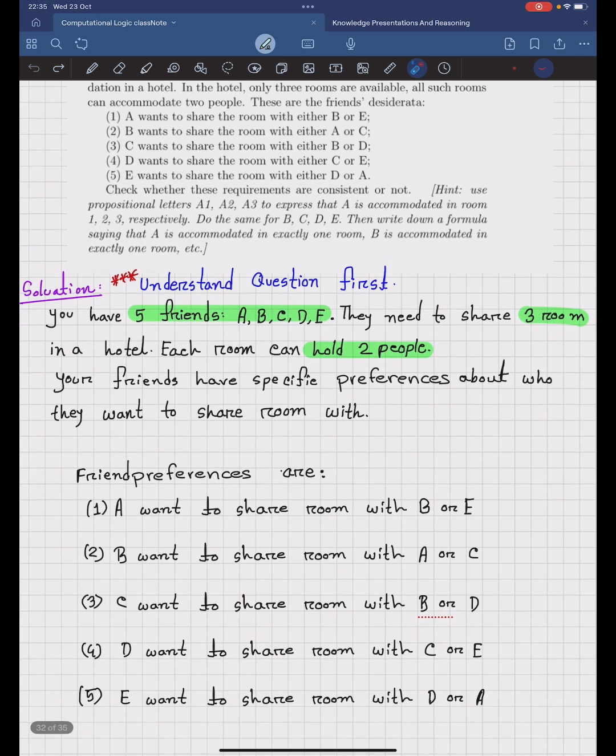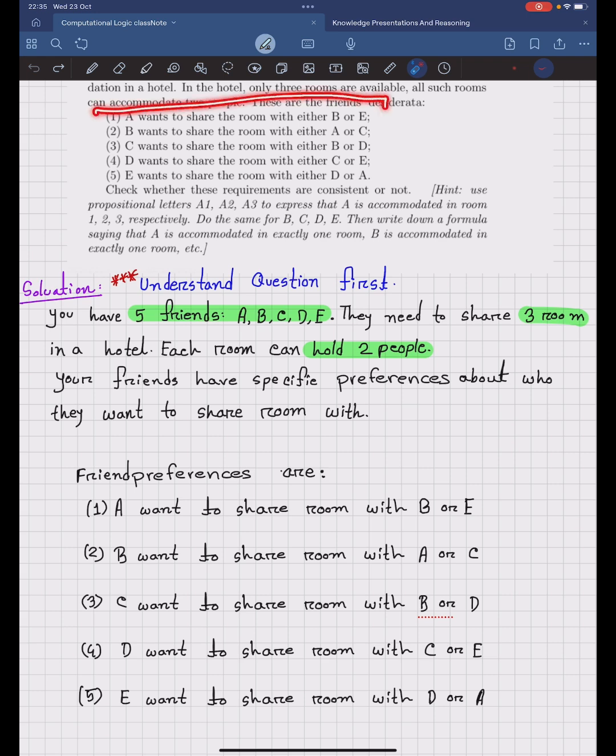So it makes sense that you have five friends and three rooms, and each room can hold a maximum of two people. So you must share the rooms with your other friends.